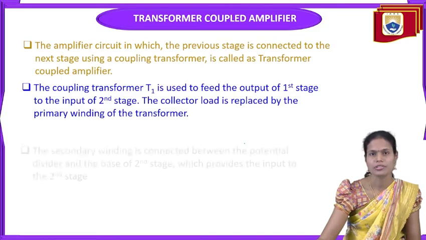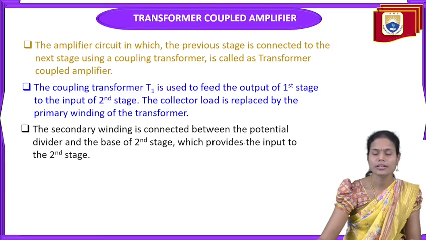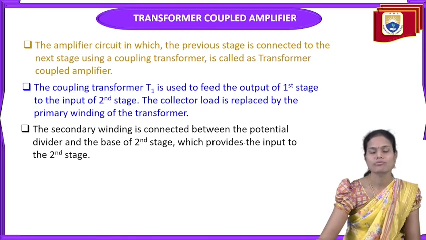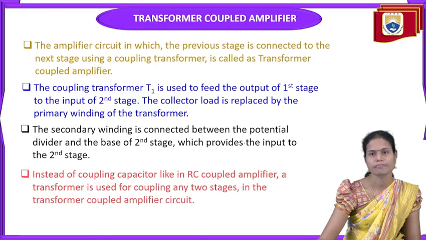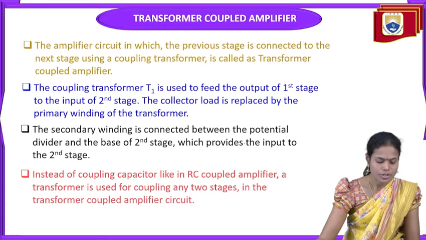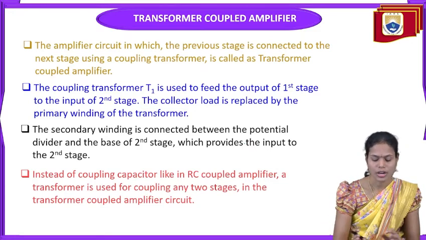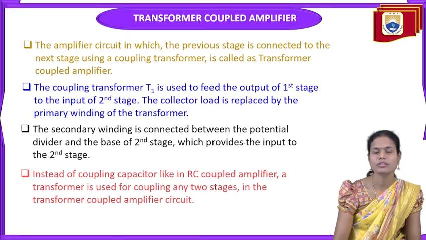I have already mentioned this also. And the secondary winding is connected between the potential divider circuit and the base of the second stage, which provides the input to the second stage. And instead of coupling capacitors as in the RC coupled amplifier, we are using a transformer as the coupling element between any two stages.